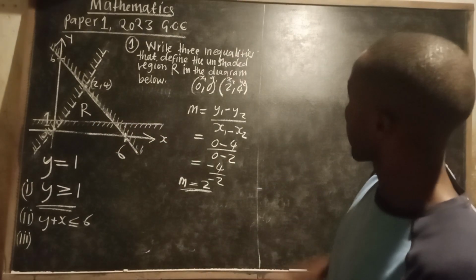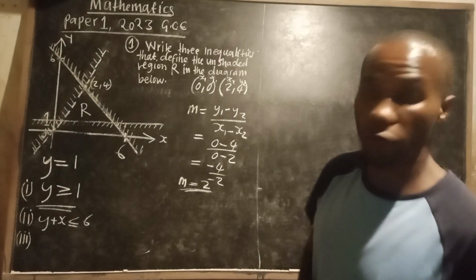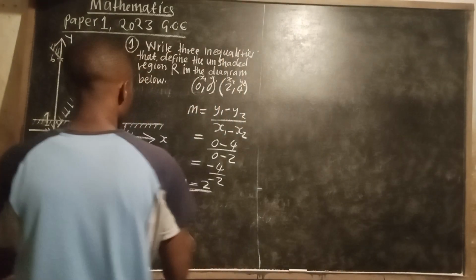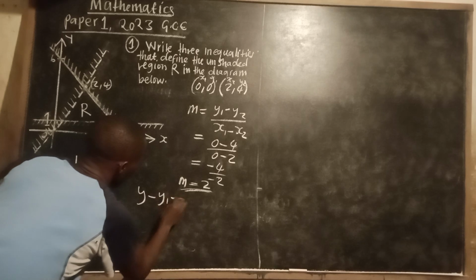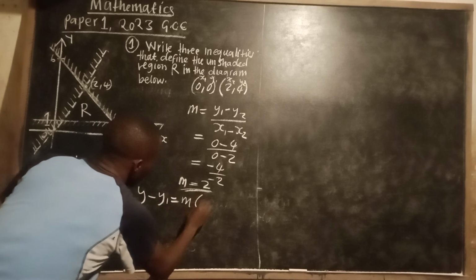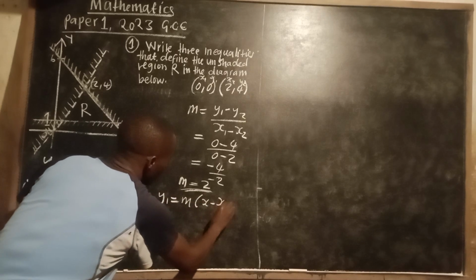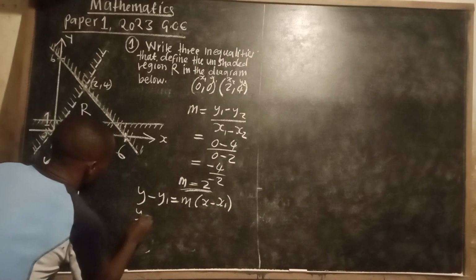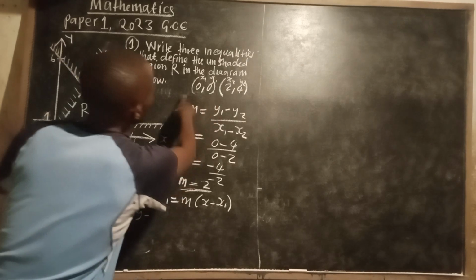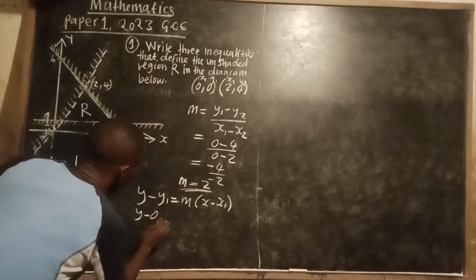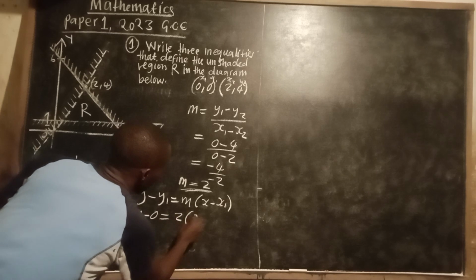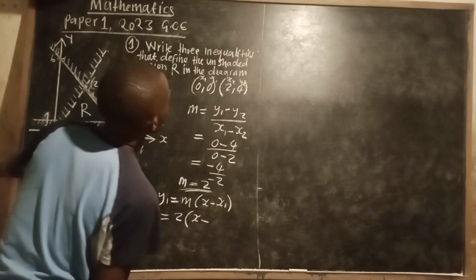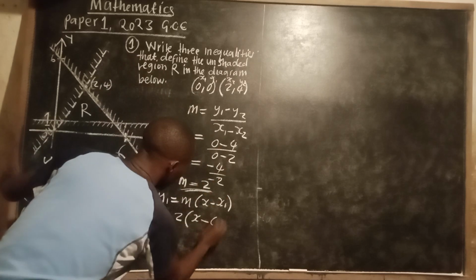Then, having known the gradient and the coordinates, we are now going to use the formula for finding the equation: y minus y1 equals m times x minus x1. Then we can substitute. What is our y1? Our y1 is 0. Then equals, our gradient is 2, times x minus, what is our x1? x1 is 0 also.